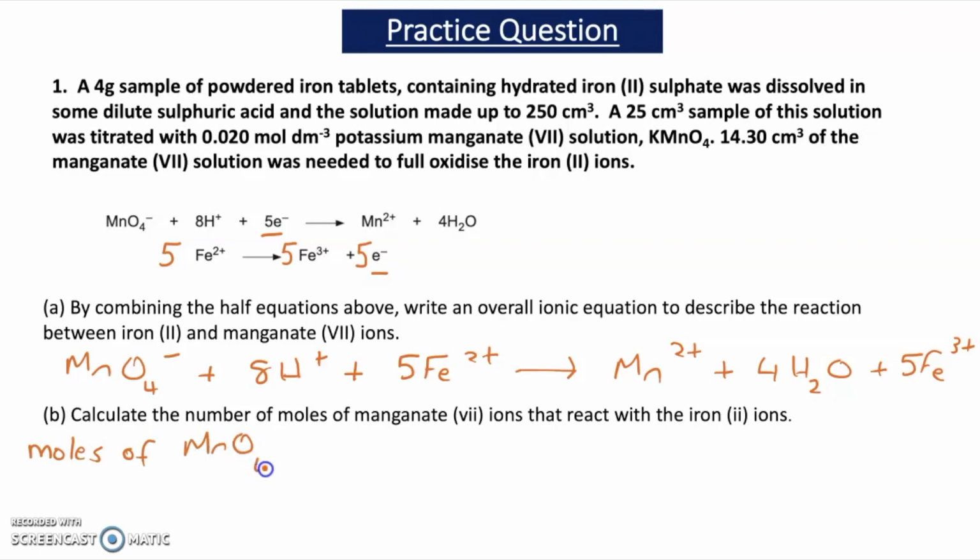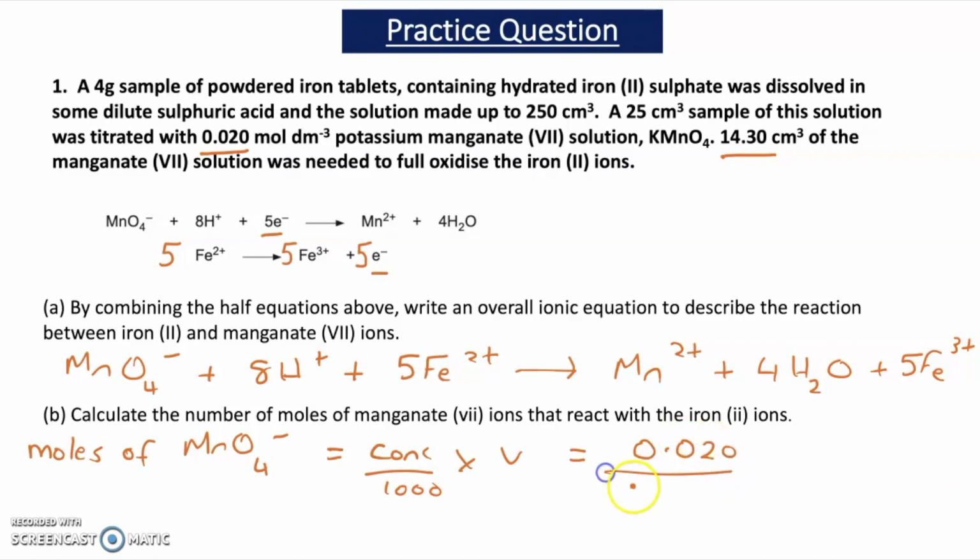Now part B is asking you to calculate the number of moles of manganate(VII) ions that react with the iron(II) ions. So to do this, we use the concentration of manganate(VII), and that is 0.020, and we divide this by 1000 and we times it by the volume, which is 14.30.